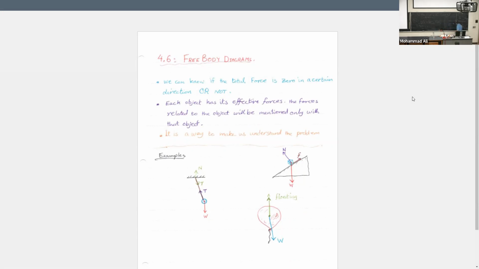So the weight is 4 newtons downward. If the angle in our example is 60 degrees down from the positive x-axis. Okay, and the tension force is equal to 50 newtons.